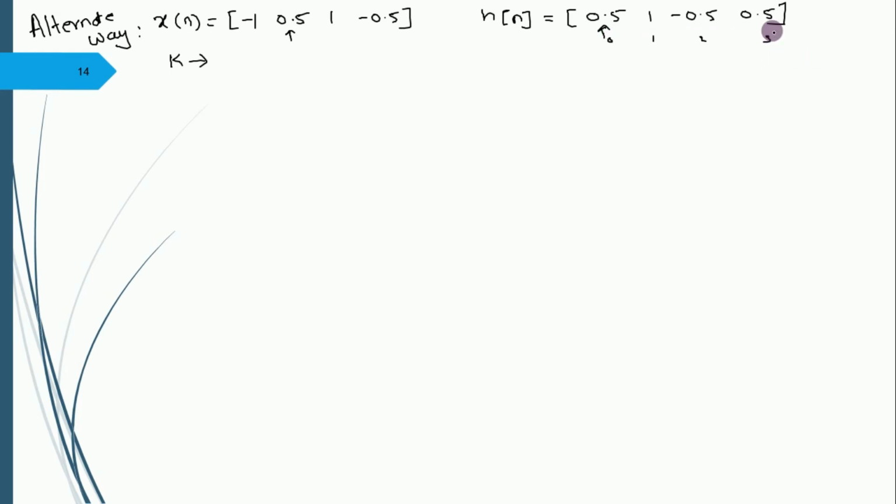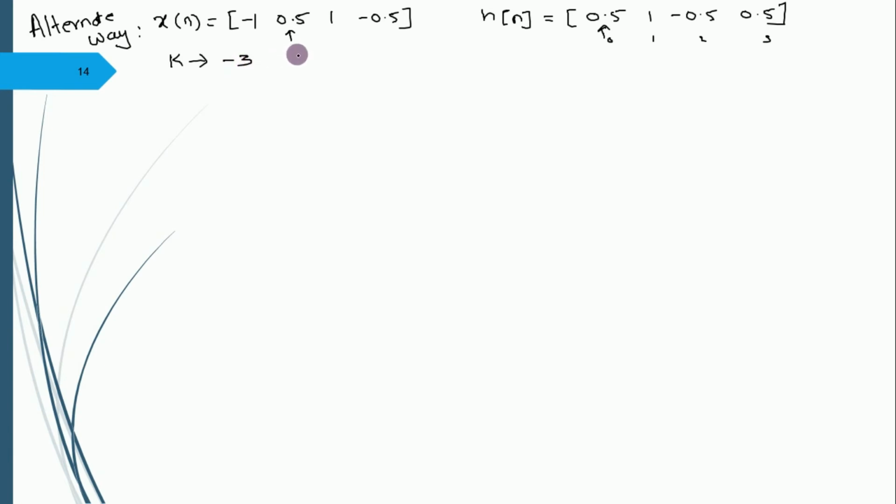If I take its h of minus k, meaning if I fold it across the y-axis, the vertical axis, this 3's index value will be folded and it will fall on minus 3. The index will be at minus 3. Hence, we need to start from minus 3.